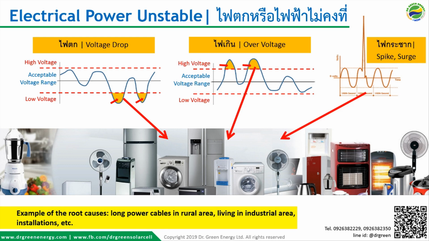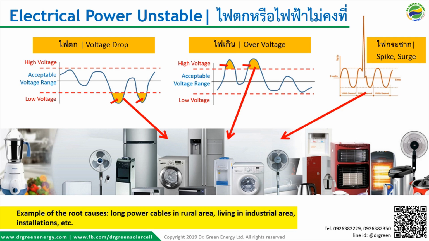Or sometimes the temperature is not reducing according to the normal working function of the aircon. So you can assume that you have an unstable grid power problem at your home.